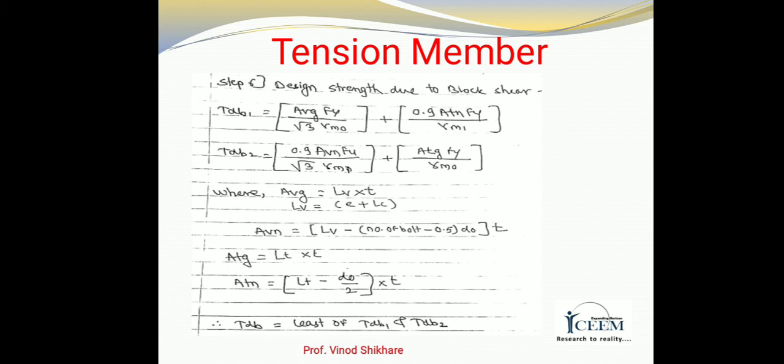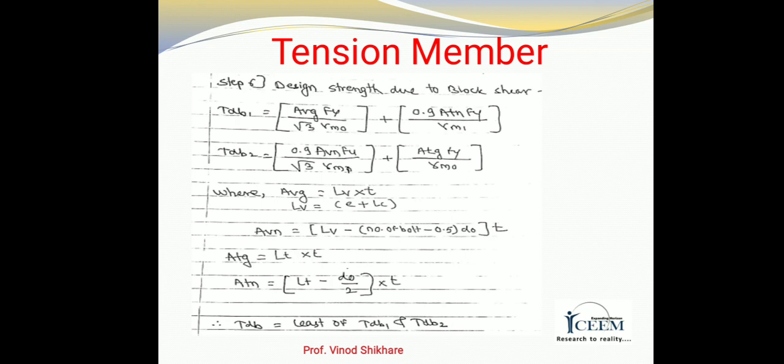This formula for design strength due to block shear is given on page number 33 of IS 800 2007, in which AVG and AVN are minimum gross and net area in shear along bolt line parallel to external forces respectively.